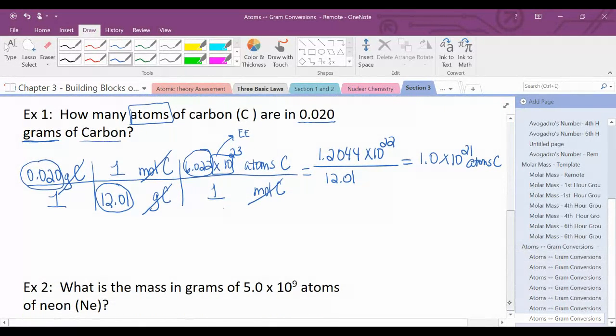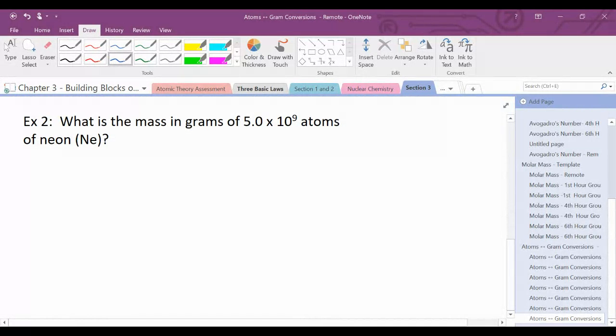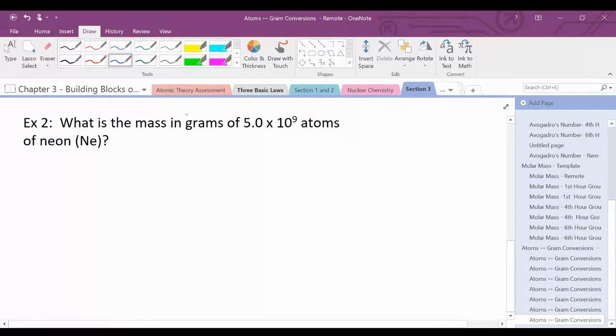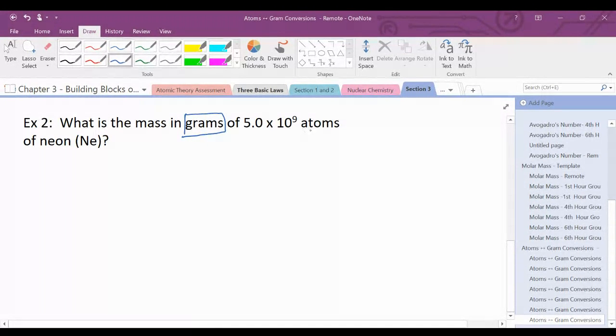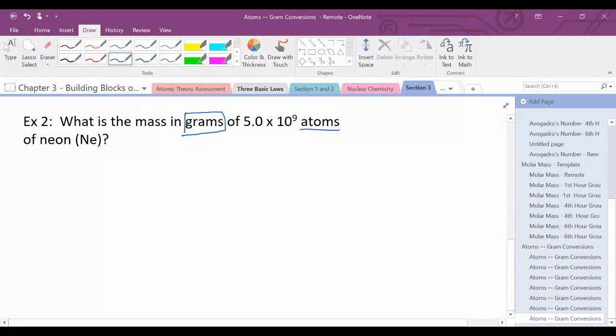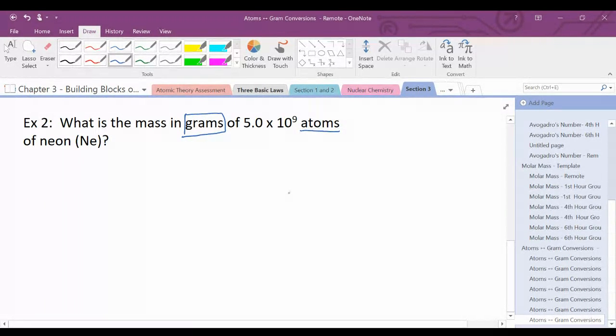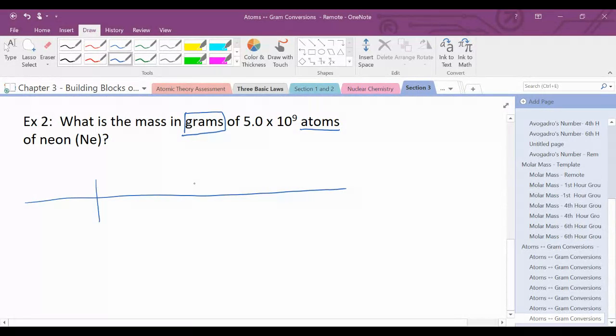Let me move my page along so we can look at problem number 2. I want to know the mass in grams of 5 times 10 to the 9th atoms of neon. Again, when I look at this question, there's no mole unit in the problem, which tells me I'm going to need 2 conversion factors.